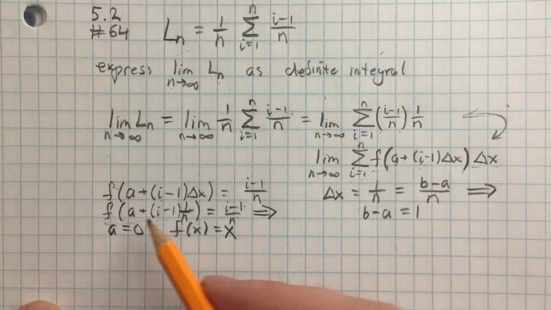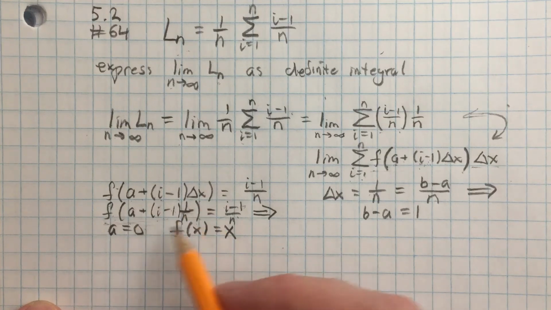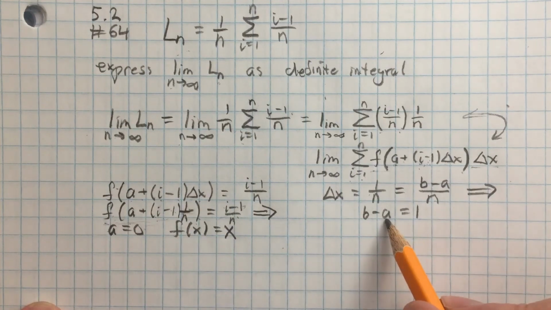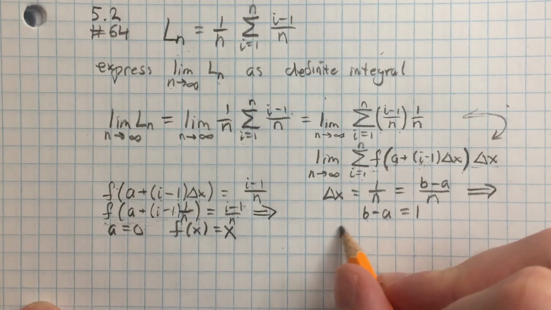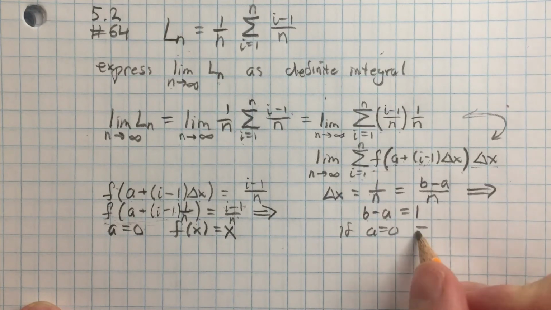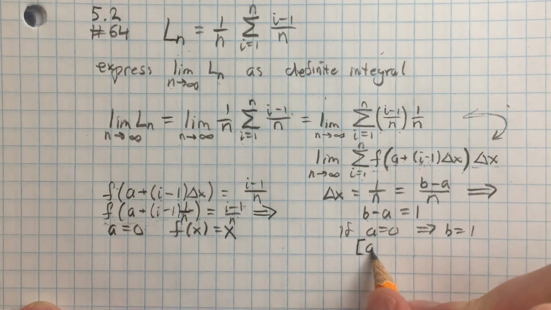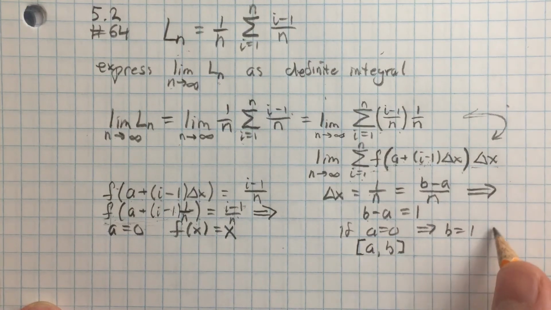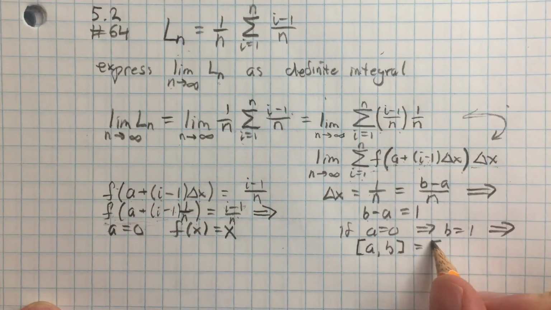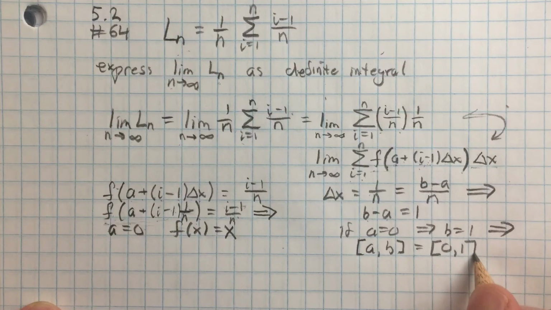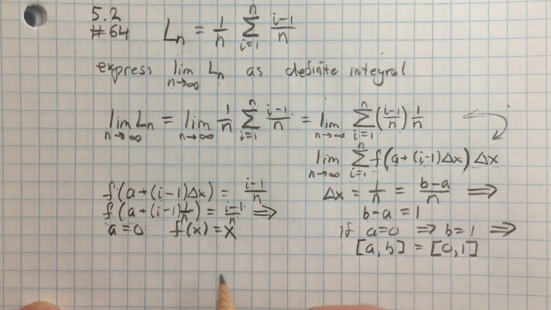Well, the identity function x, it's just the function x. Okay? But if a is 0 from our analysis over here, then a is 0 here. It's the starting point of the interval we're talking about, and b must be 1. Okay? If a equals 0, then b equals 1. And now I know my interval [a, b], right, is nothing other than [0, 1]. But I also know my function is x. Okay?